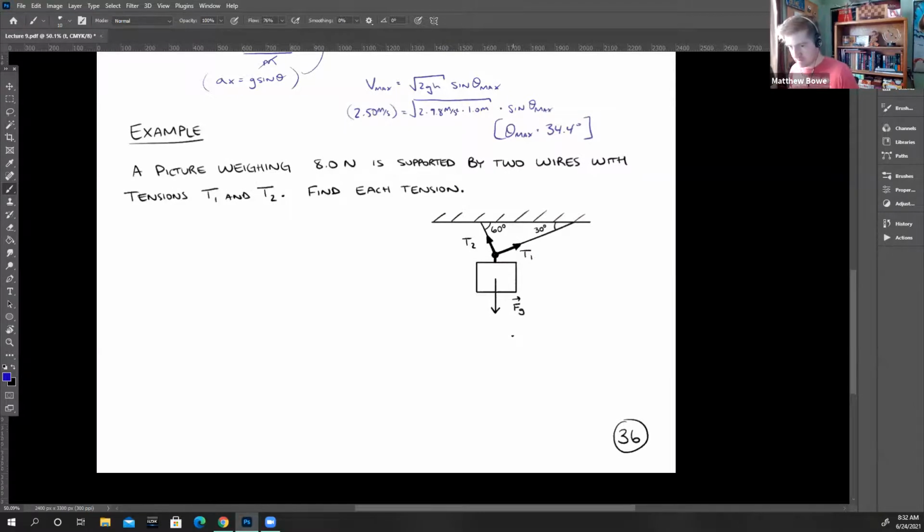In this one, let's split up the problem into components. Before we do that, let's draw a free body diagram of this situation. So let me do it as just a dot this time. So we have force of gravity downward.